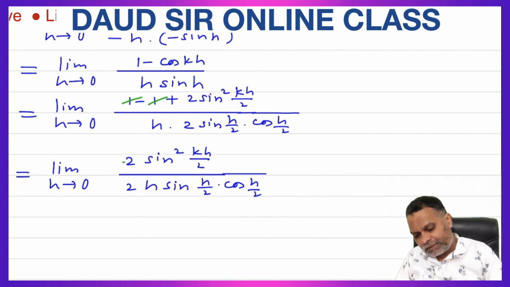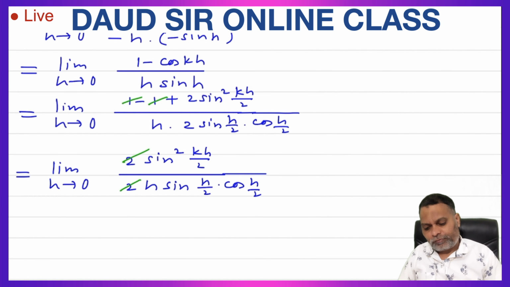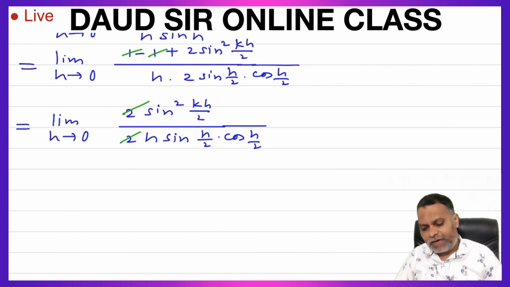This 2 gets cancelled. Now we have to make the formula for this sine.